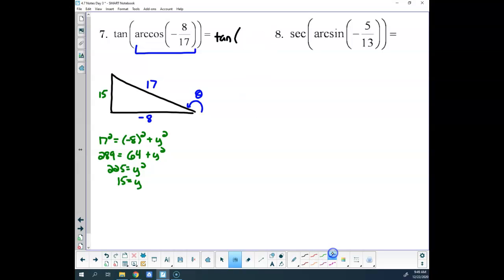Tangent of theta. So the tangent is going to be the opposite side, which is 15, over the adjacent side, which is -8. -15/8 there for that one. Yes? Love it.